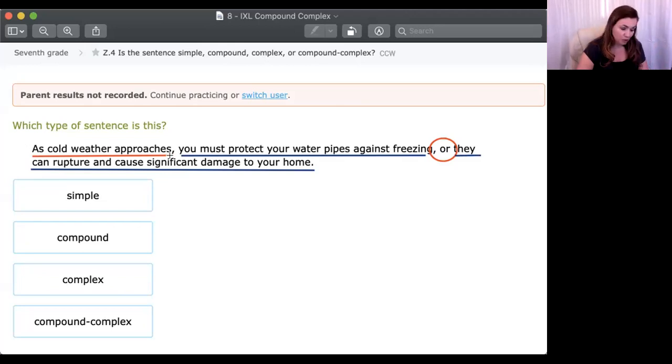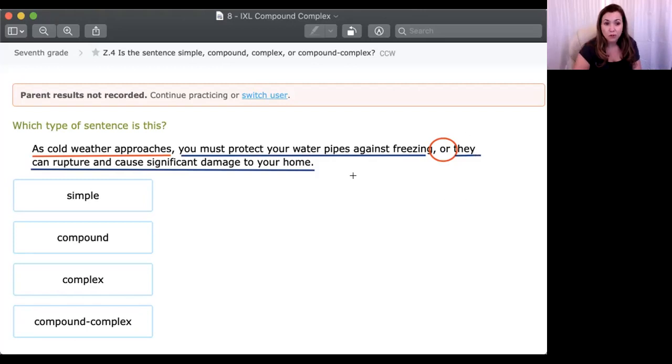As cold weather approaches, that is our dependent clause formed by the subordinating conjunction as, comma, now we have an independent clause: you must protect your water pipes against freezing. Now we have a comma and the coordinating conjunction or, and then we finish with another independent clause: they can rupture and cause significant damage to your home.